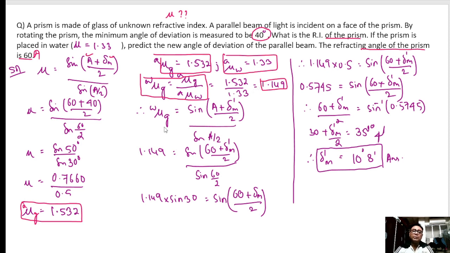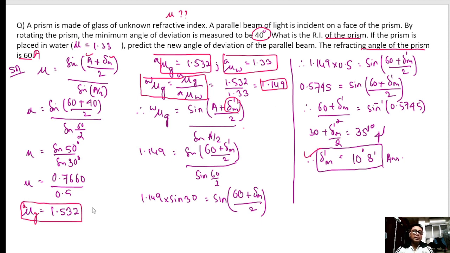So using this formula now, when it is put in water, this is the thing which we don't know. They are telling if it is put in water, then what will be the angle of minimum deviation. So putting all the values here, we calculate the angle of minimum deviation to be 10 degree 8 minutes.